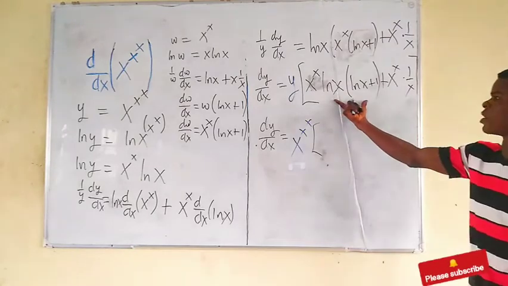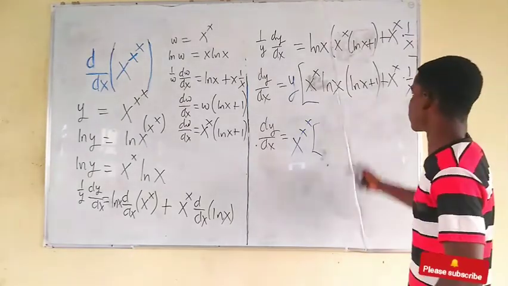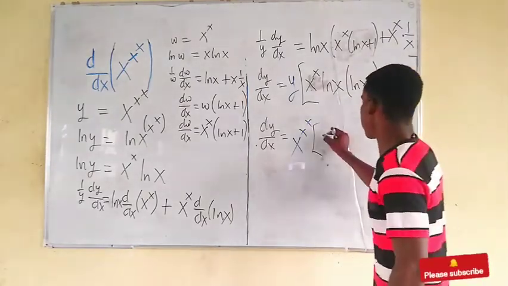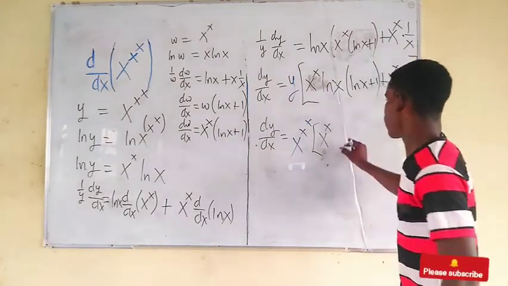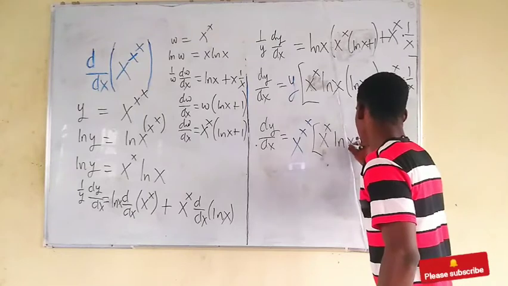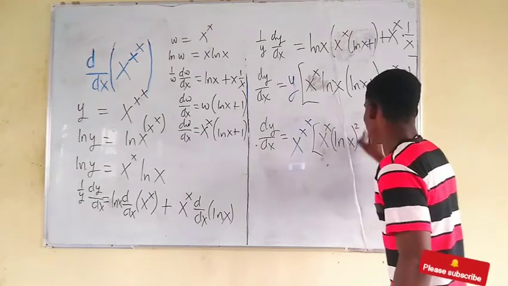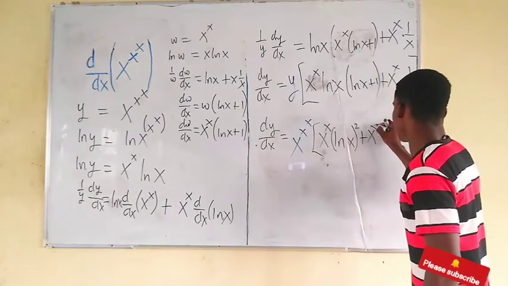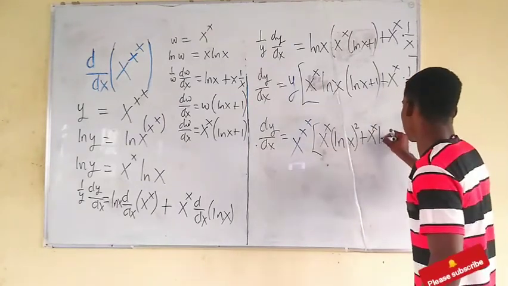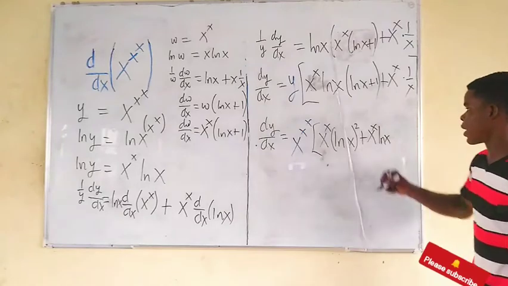And we can easily open this up. Well, let's just leave it like that. Let's open it up. So we have x to the x power ln x times ln x, that is ln x squared, take note of where I'm putting my square, and we also have x to the x power times 1 over x is just like that, alright?